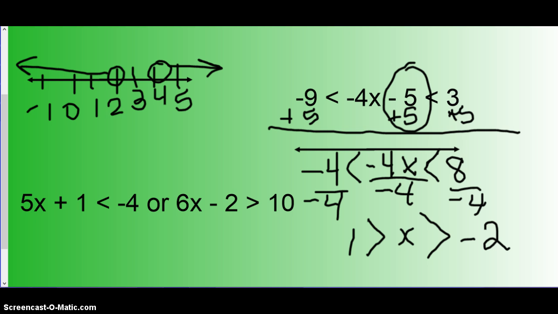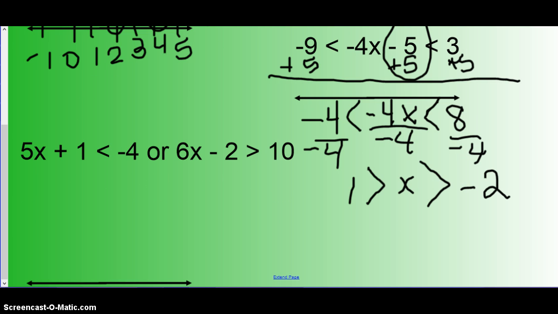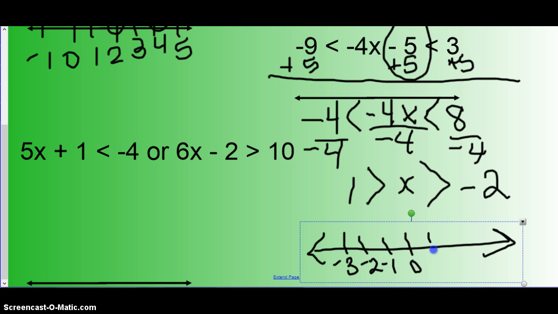So when I go to actually make this number line, I'm going to start it with negative 3. We want enough numbers on both sides of the numbers that we've got indicated here. So we've got x is less than 1, because remember, we're reading it from the x.